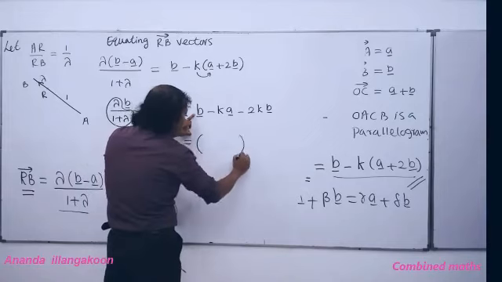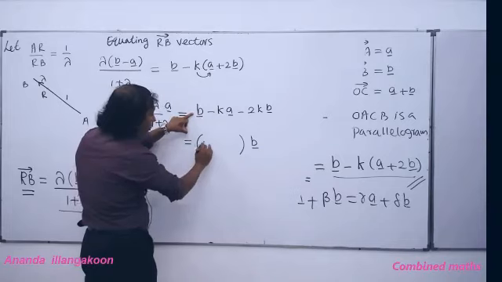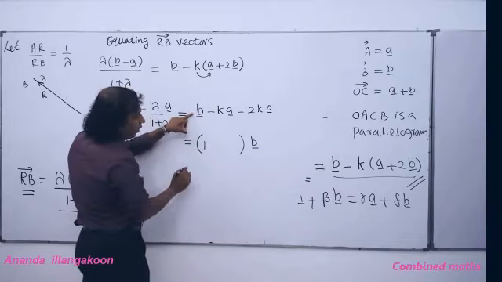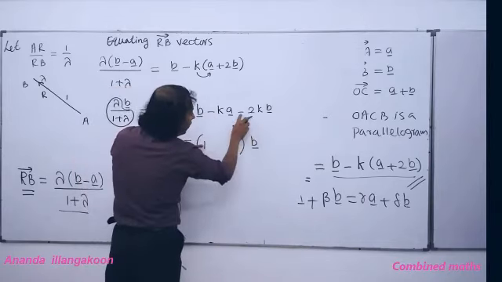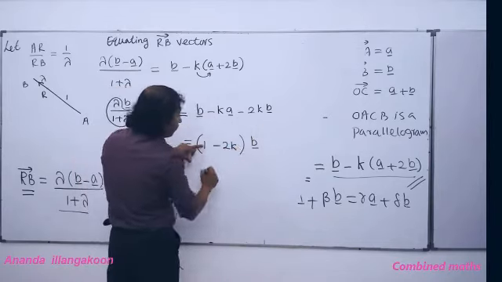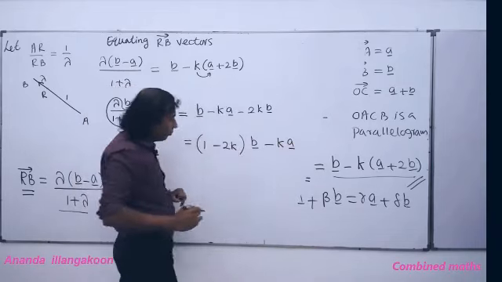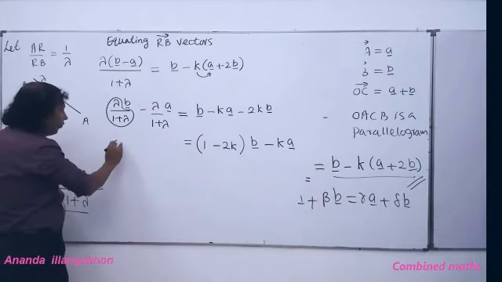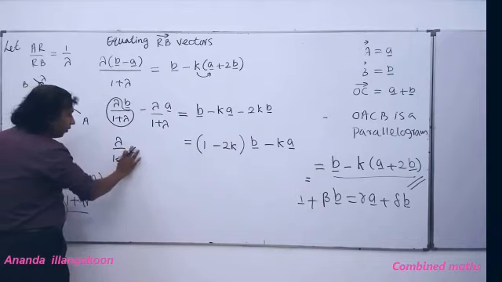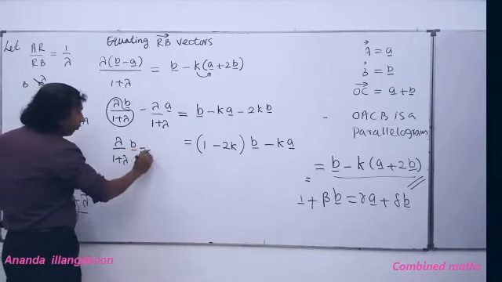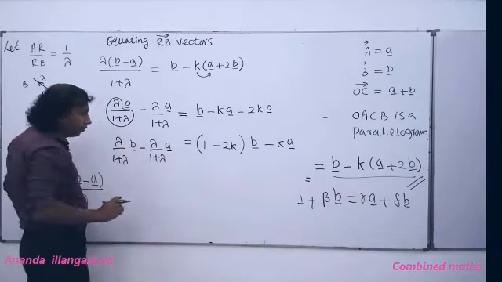We take this b out, then here we have 1. When you take this b out, minus 2k we have, and here minus k. And this is now lambda divided by 1 plus lambda times b minus lambda upon 1 plus lambda times a.